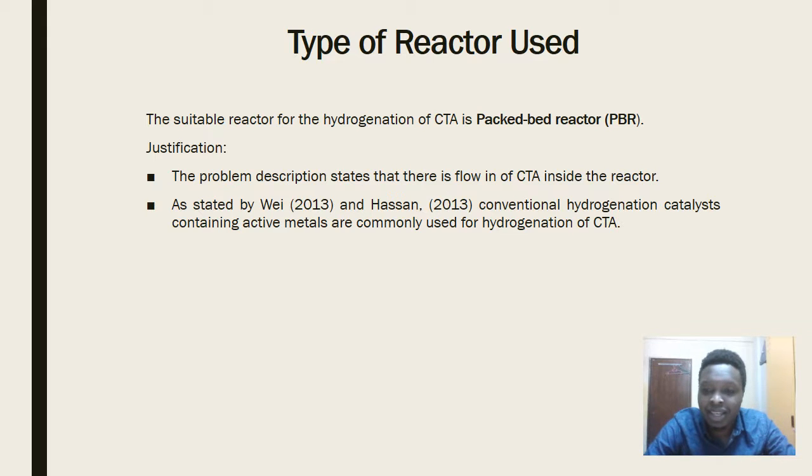So hydrogenation of CTA is a process that involves the use of catalyst. We have this information, and we also have the information that a flow type reactor will be needed in this process. The flow type reactor that uses solid catalysts is PBR. So that's why the most suitable type of reactor for this process is packed bed reactor.